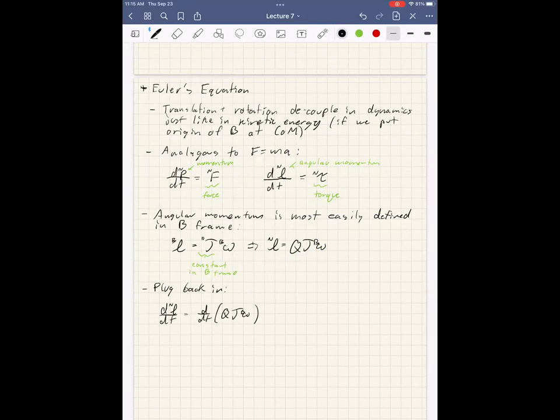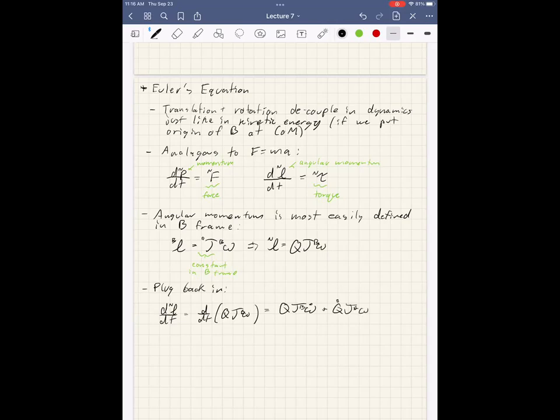And I just use the product rule here. So I get a Q dot, which is Q times omega hat, as we saw before. Or I'll be super explicit about it. So this is QJ omega dot plus Q dot J omega_B.